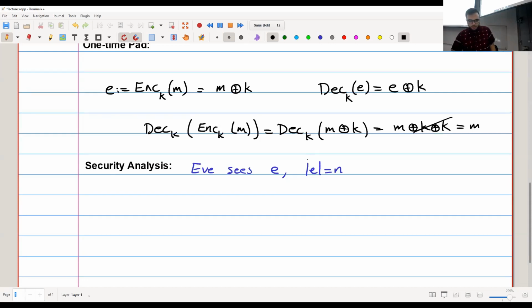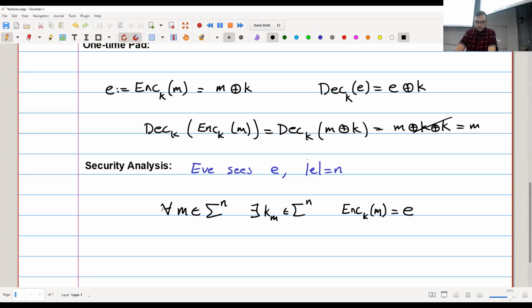So this is the property that we have for every possible message of this length n. There exists a particular key, I'm going to call it Km, also of the same length, such that if I encrypt that message using that key, I get this encrypted message.